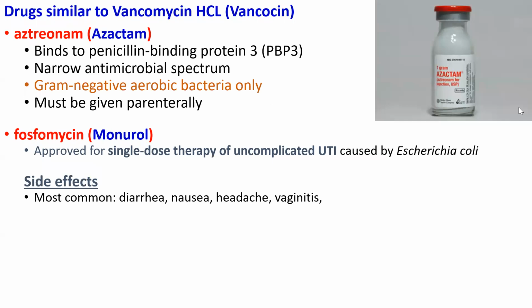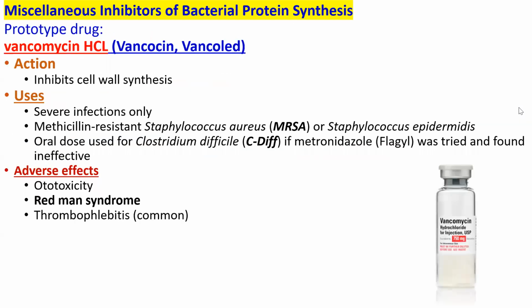Now, vancomycin is classified as a stage 2 cell wall biosynthesis inhibitor. It kills bacteria and is therefore labeled as a bactericidal agent.